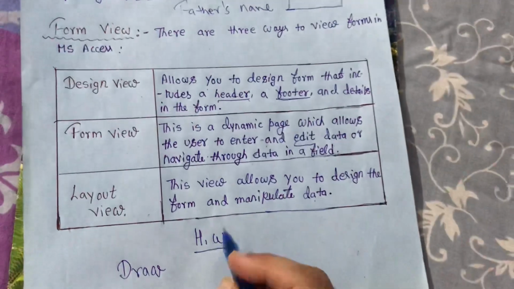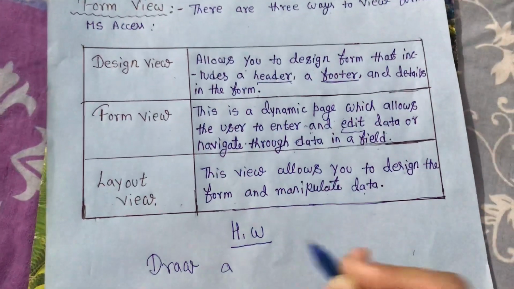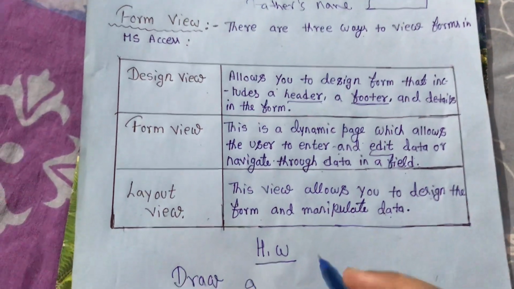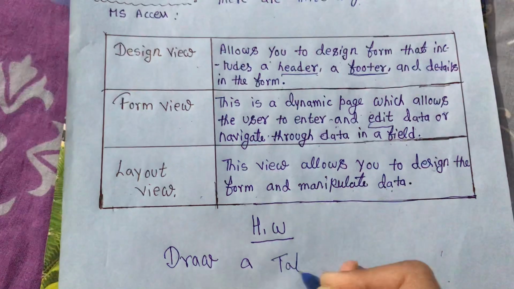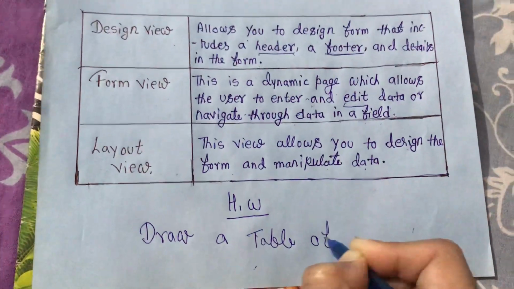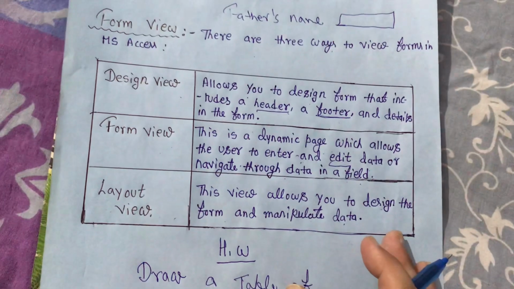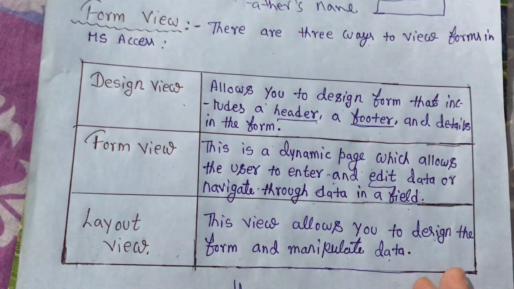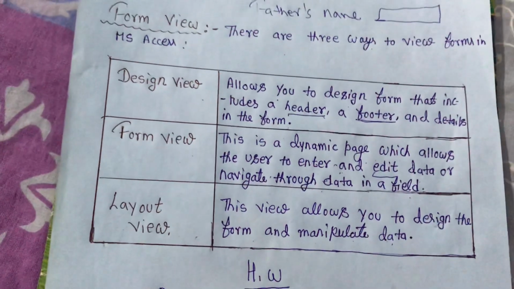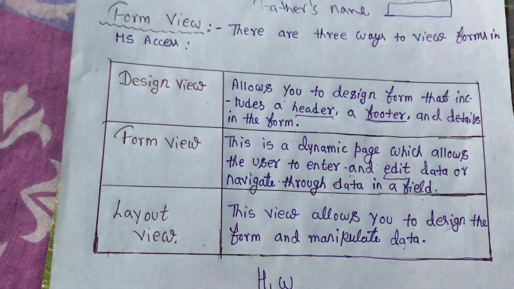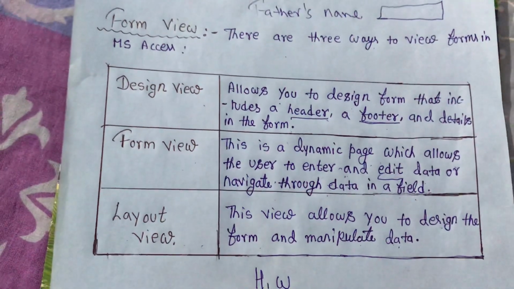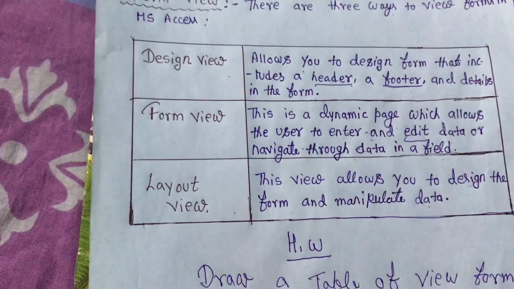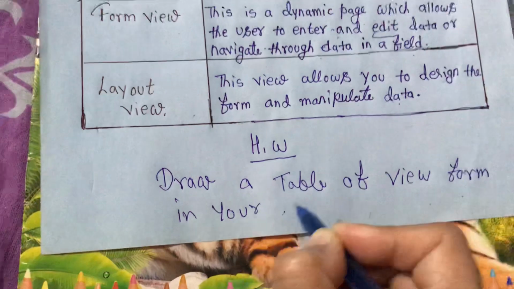Today's homework says: draw a table of the form views in your fair copy.